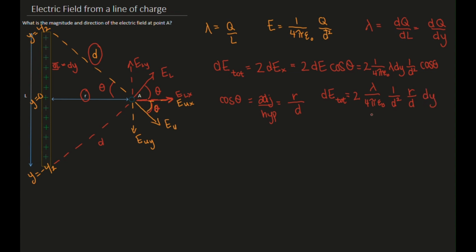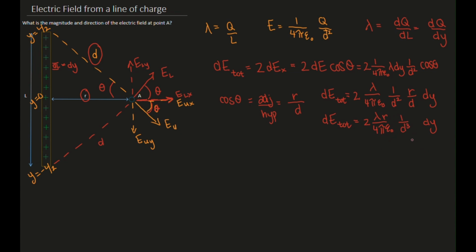And so we can write dE total as equaling 2 lambda over 4 pi epsilon naught, 1 over d cubed r dy, and this r is also going to be a constant, so we can also just write it right here. These are all our constant terms, which we can just take out. We don't have to integrate.